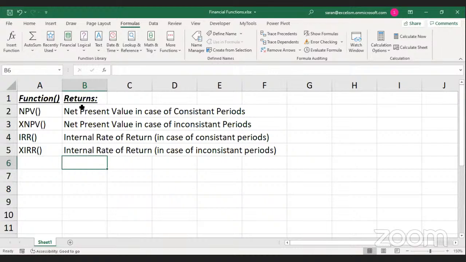Friends, let me tell you, for other functions you need to understand more about the function syntax. For example, with the VLOOKUP function, until and unless you are sure about the syntax and what input I should keep, it's going to be very difficult for you to follow. Whereas in the case of financial functions, it's not more about the syntax, because syntax is very simple; we need to understand the concept more.